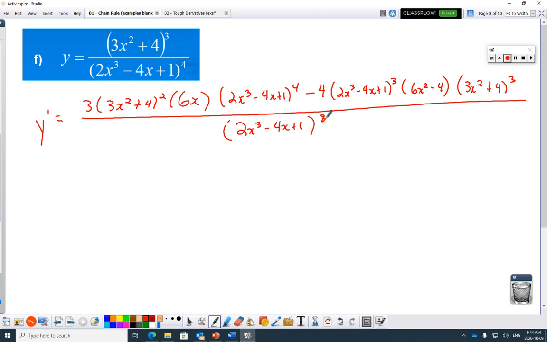My job over the next couple minutes is to demystify the big mess I've just made here.